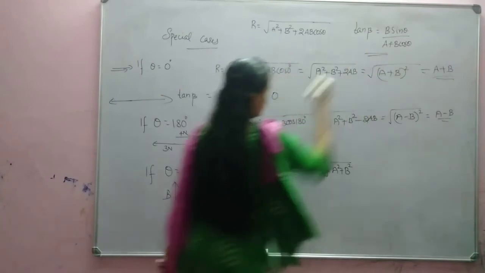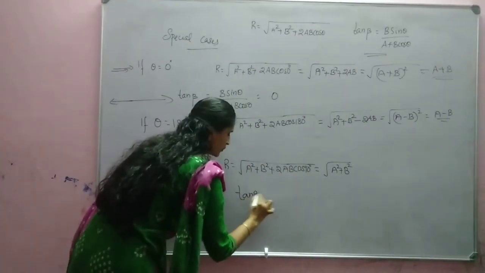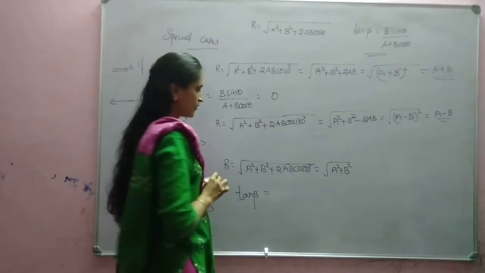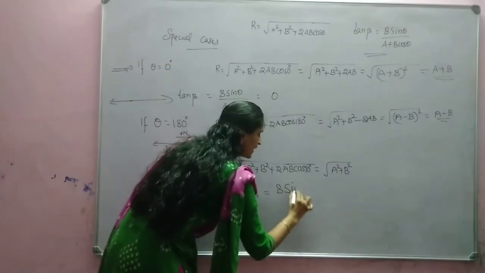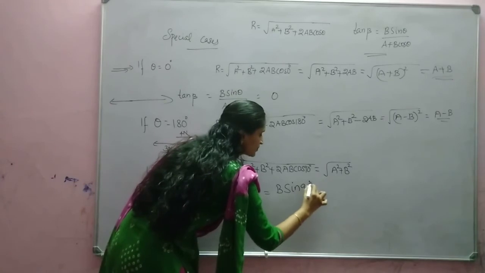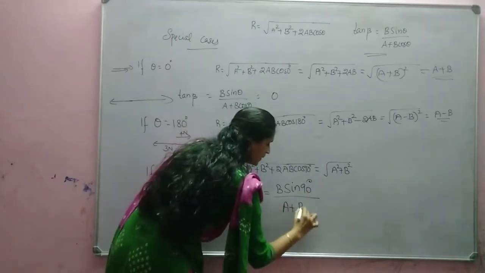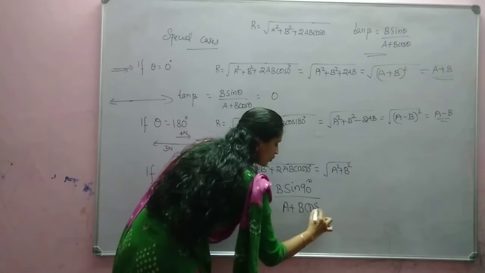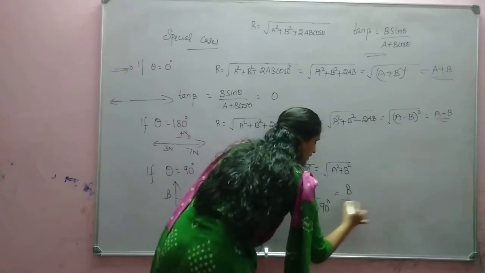Okay. Is it clear? Now we can find the angle. What is the angle for this case? We can write tan beta is equal to B sin theta divided by A plus B cos 90 degree, where theta is 90 degree. Sin 90 is 1.